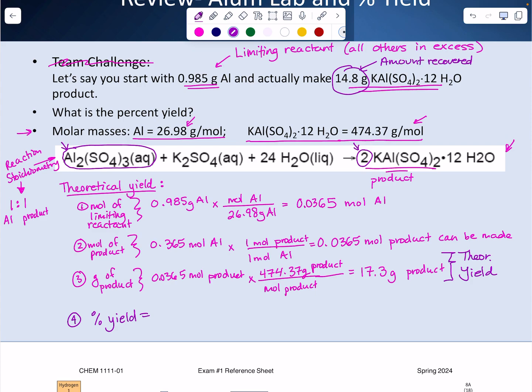So that's my 14.8 grams divided by the amount that I could have made if everything had been efficient and I hadn't had any crystals sticking on the sides of the flask that I was using. And then we're going to put that into units of percent. 14.8 divided by 17.3 times 100 gives us 85.5% yield, okay.